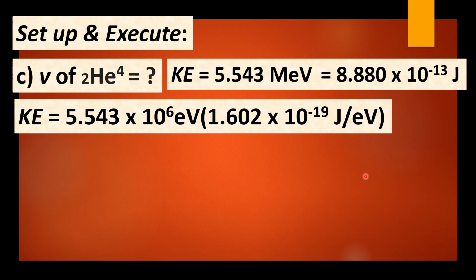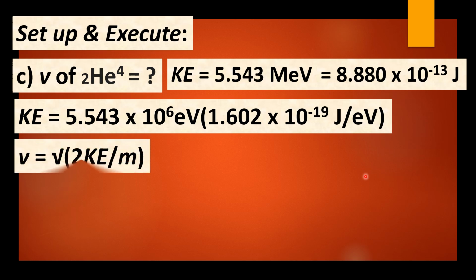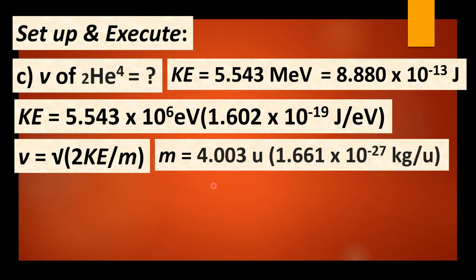So, to calculate for the speed v, using the formula square root of twice the kinetic energy divided by the mass m, we first express the atomic mass of helium nucleus, 4.003 atomic mass unit, in terms of the unit kilogram.